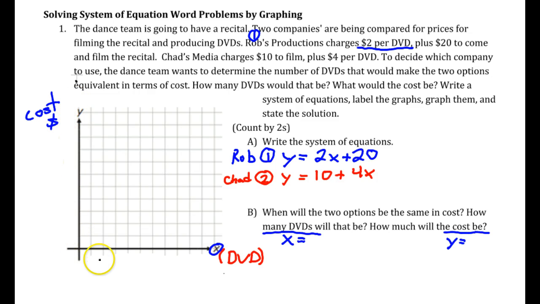What should I count by? Twos on the bottom, so I go 2, 4, 6, 8, 10? You might have to mess around with this a little bit.